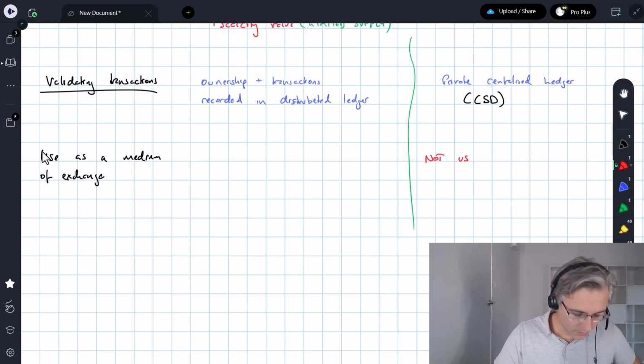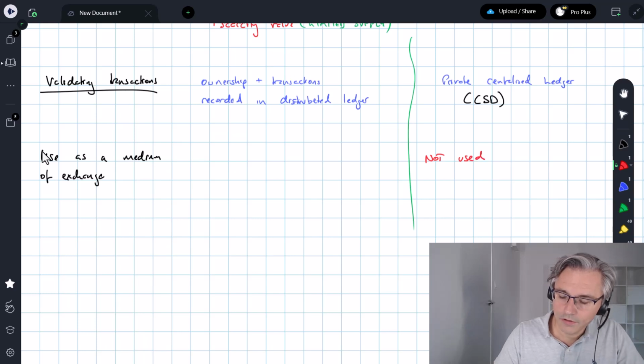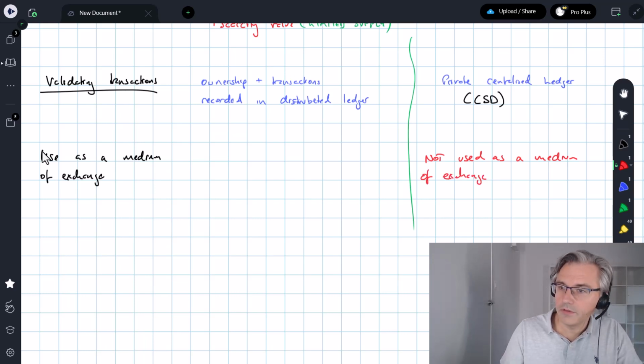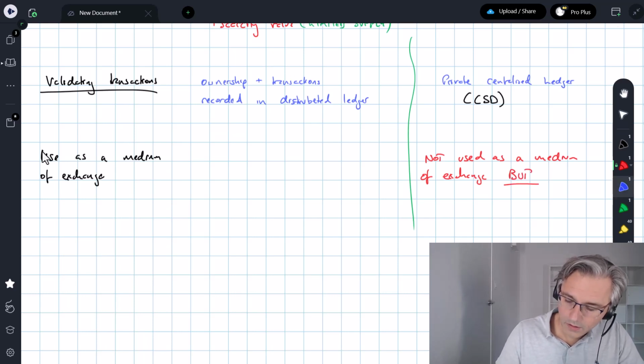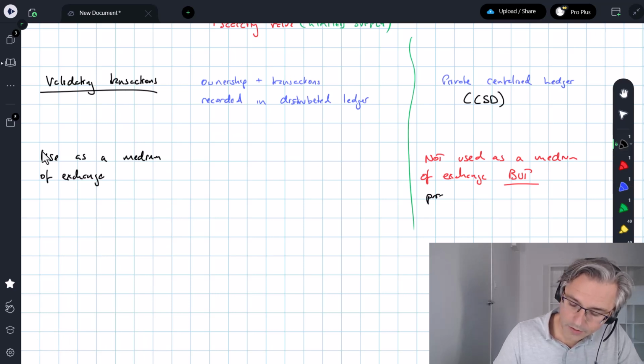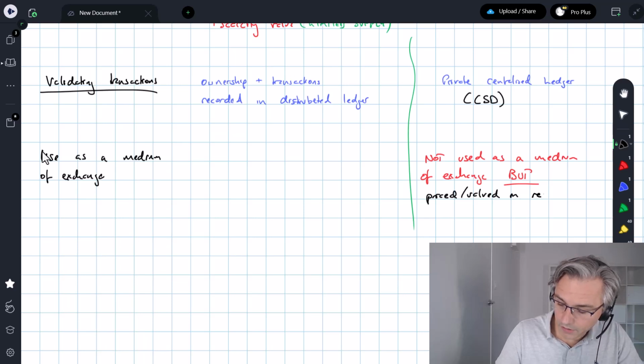So classic traditional financial assets are not used as a medium of exchange. You will not pay at the shop using bonds. But most of them are quite liquid. I mean, they are priced and valued in recognizable official currency.